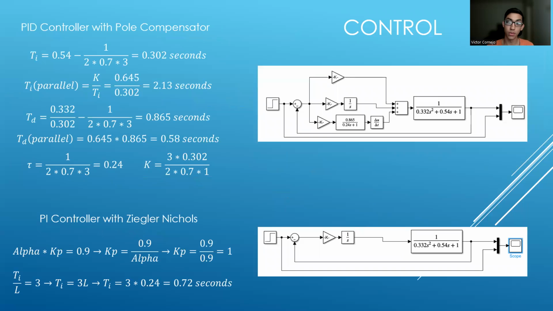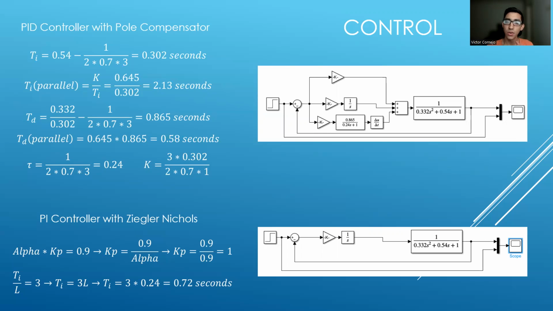After that is the controller design. Because we had the second order system, we were told to design a PI controller and a PID controller. For each of those controllers, we used a different technique to find our proportional, our integral, and in the case of the PID, the derivative components. For the PID controller, we used the pole compensator method to find the 3 parameters we needed.